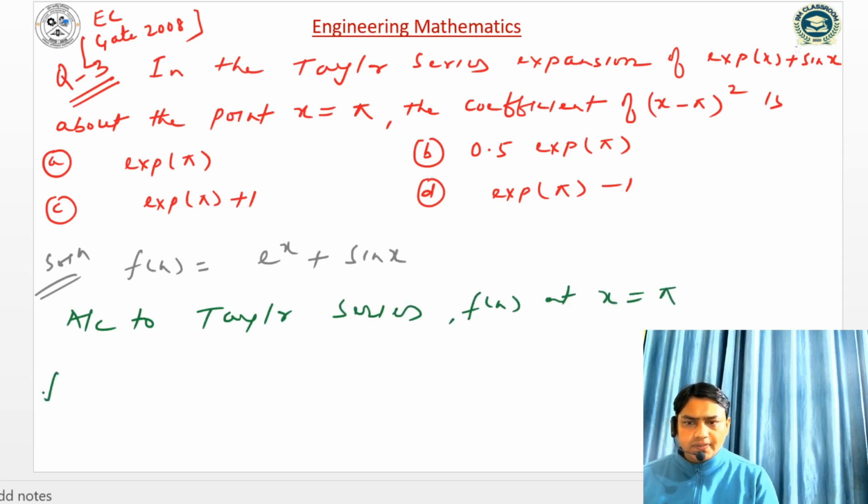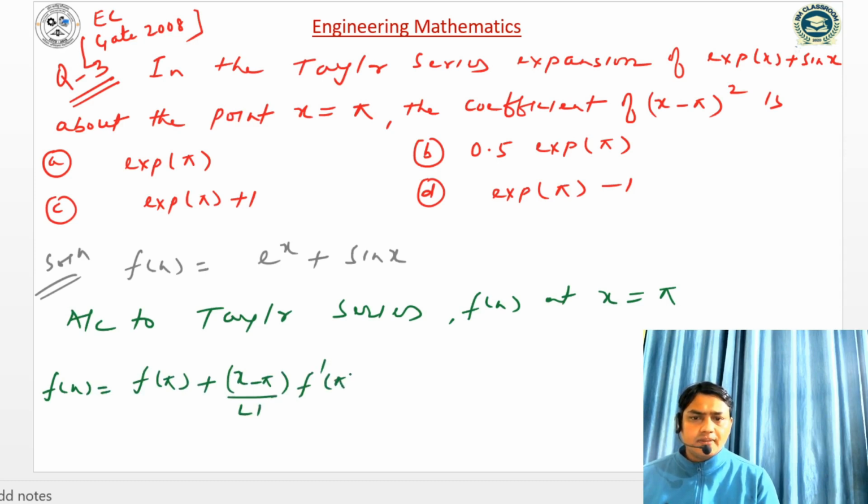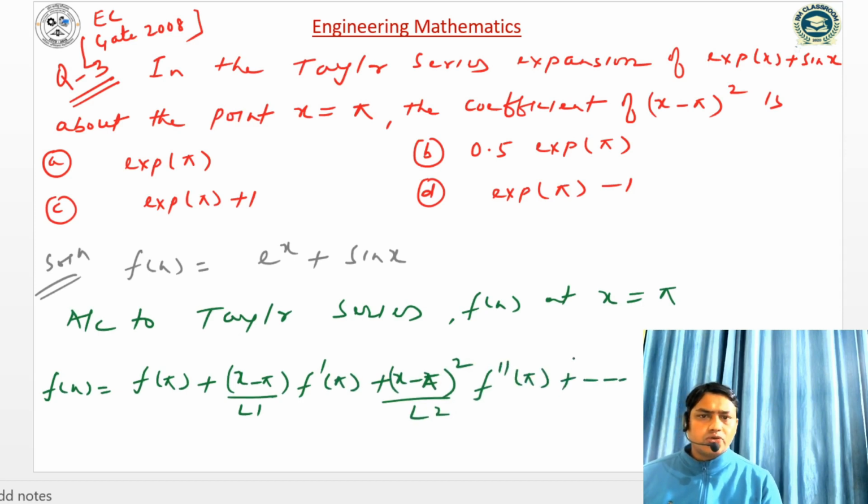So we can write f(x) is equal to f(pi) plus (x minus pi) divided by factorial 1 f dash (pi), plus (x minus pi) whole square by factorial 2 into f double dash (pi), plus so on and so forth.